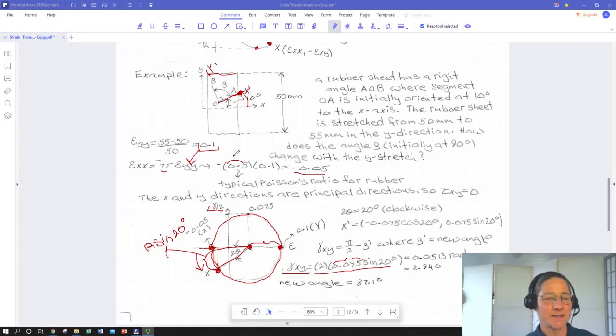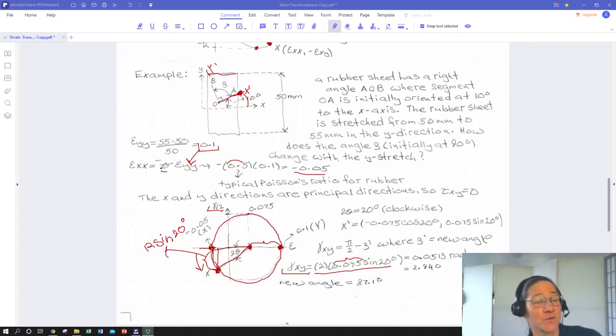Okay, so those are the steps that we had to go through. First, we had to establish our x and y direction on our real part. We had to understand how displacements related to strains. So we knew we displaced 5 millimeters in the y direction, so we got our strain in the y. We used the Poisson's ratio to get the resultant strain in the x.